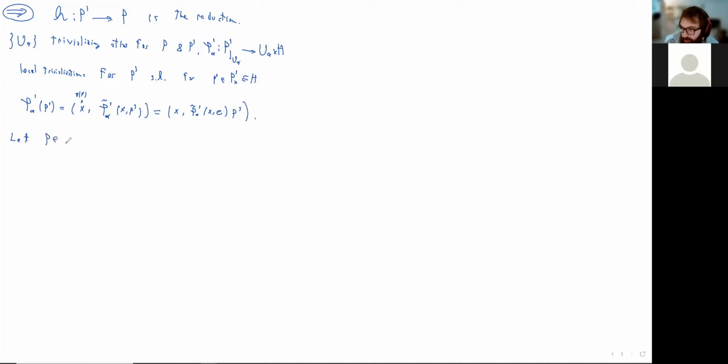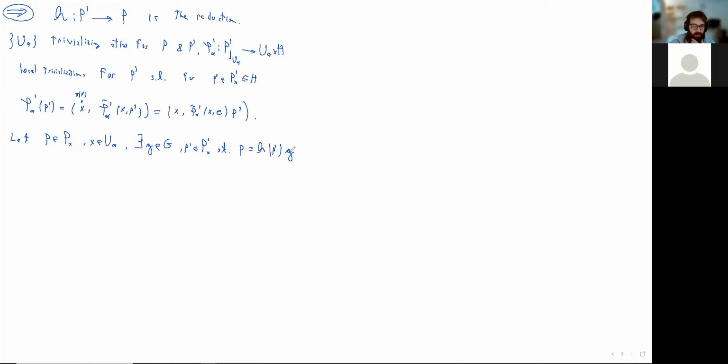Okay, so now let's take a point in Px, so the fiber over the same x for some x in U alpha. And then necessarily, because the action is transitive, there exists a g in G and a p prime in P prime x, such that this p that we set at the beginning is just the image of the p prime times g.